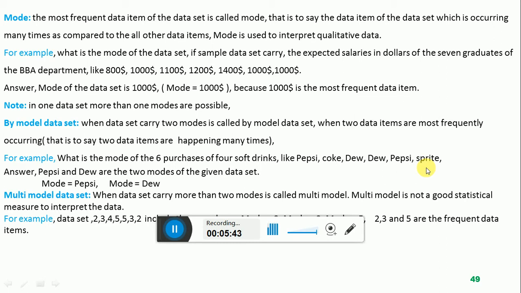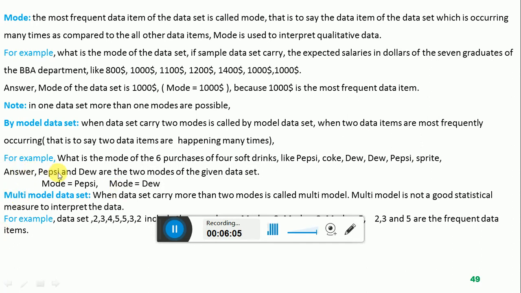So in this particular data set, 2 different soft drinks, Pepsi and Dew, are happening twice. It means this data set has 2 modes, because 2 data items are happening twice. Let me answer this example.